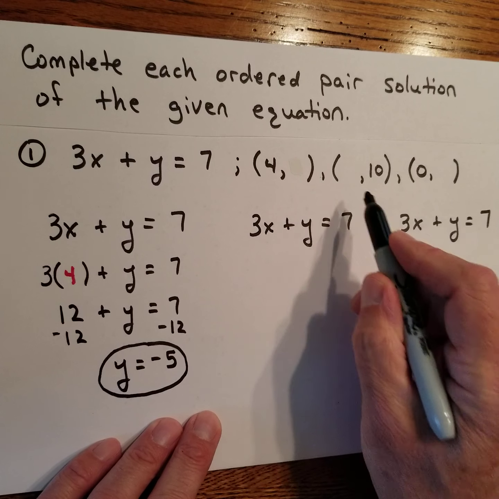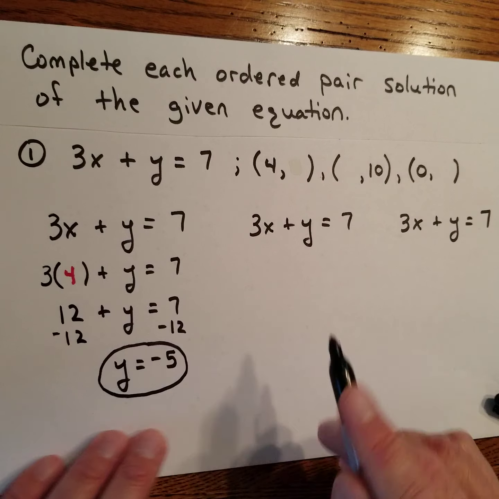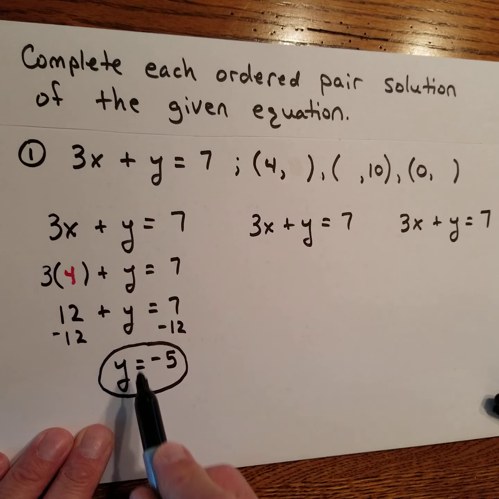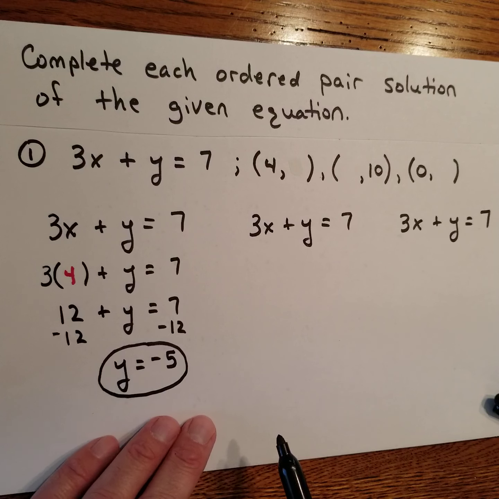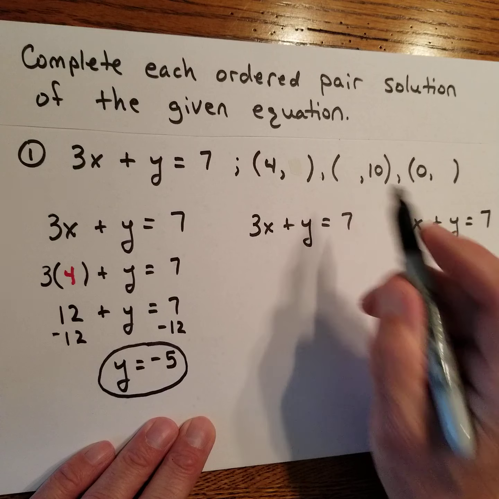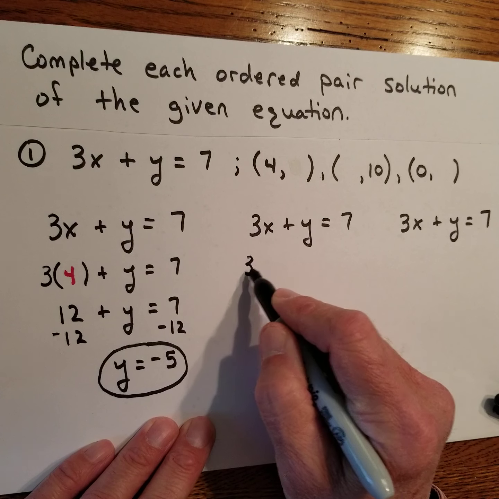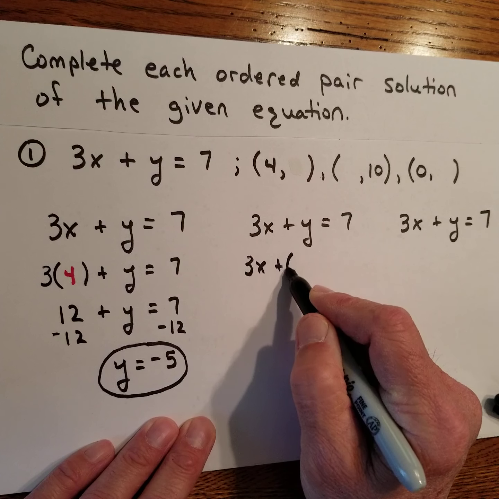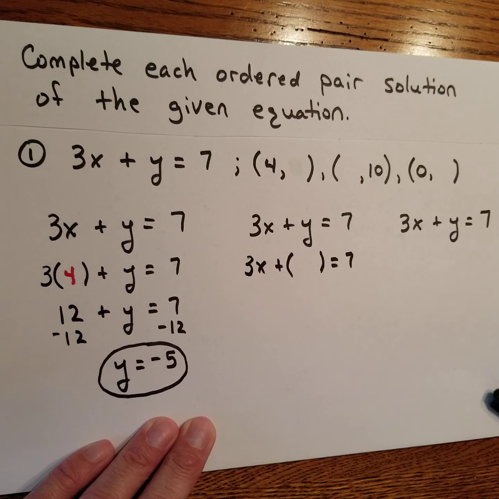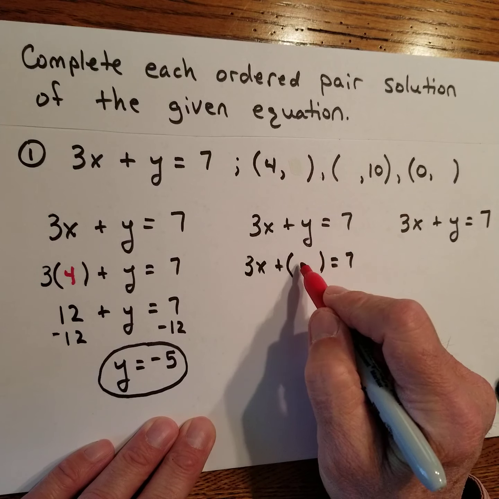Let's try the same thing for this ordered pair. In the first ordered pair, X was 4, and I solved for Y. In the second ordered pair, Y is 10, and I'll solve for X. I'm solving for X. They gave me a number to plug in for Y. Y is 10.